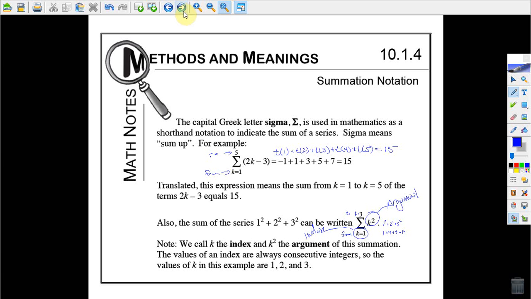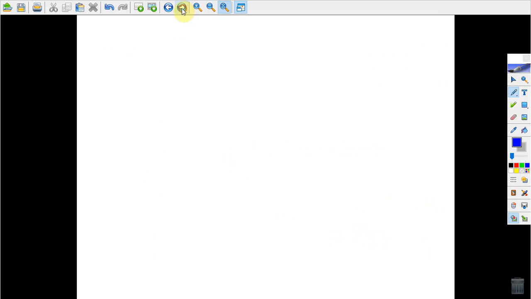Let's look at another advantage of summation notation. Up until now, if you've had a series that looked something like this, let's say we had 3, 6, 9, 12, etc., etc. So we have a common difference here of 3.